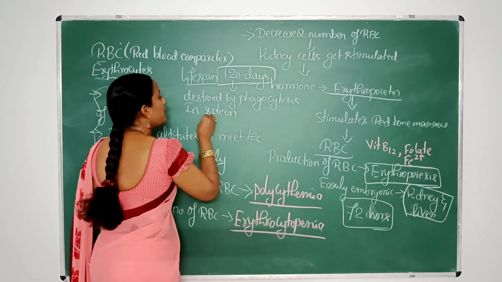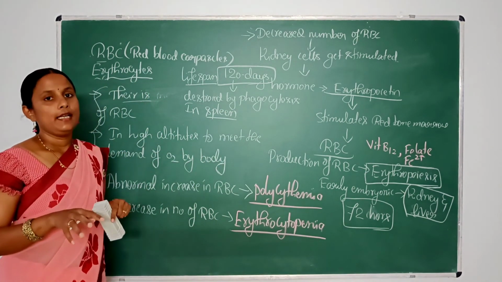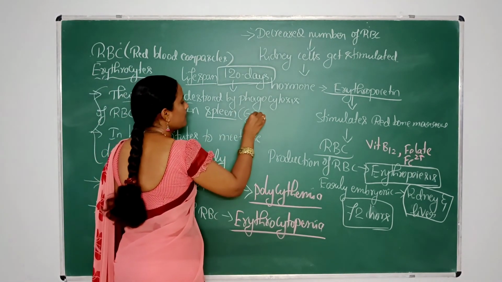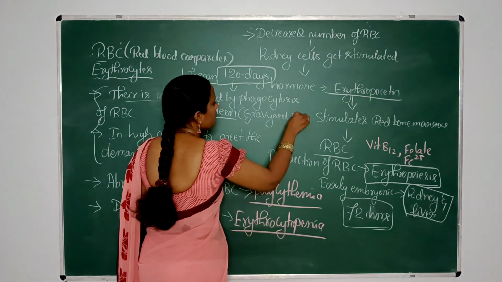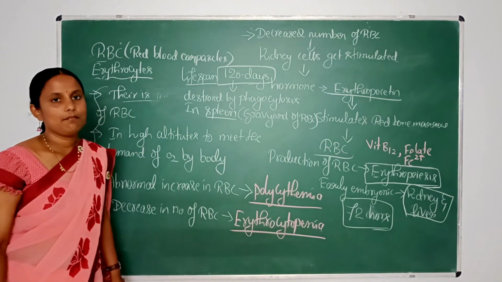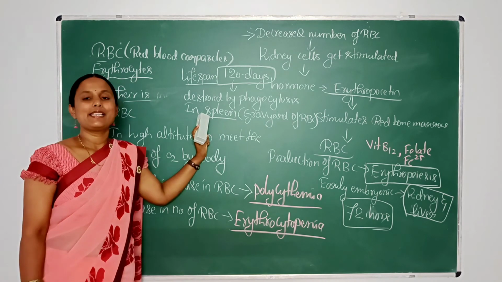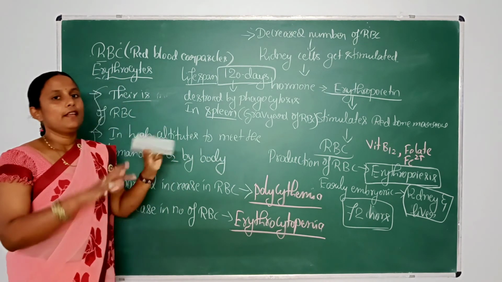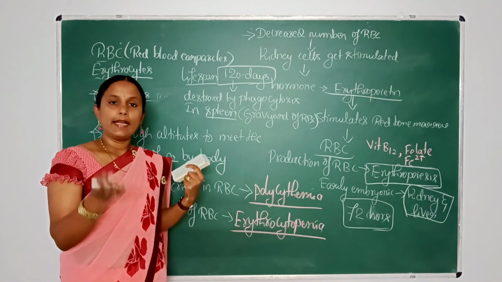The spleen cells will phagocytose the RBCs, and hence the spleen is also called the graveyard of RBCs. You may ask why the spleen is called the graveyard of RBCs. Because after the 120-day lifespan, the RBCs are phagocytosed in the spleen, and they are dissociated into pigment and iron.